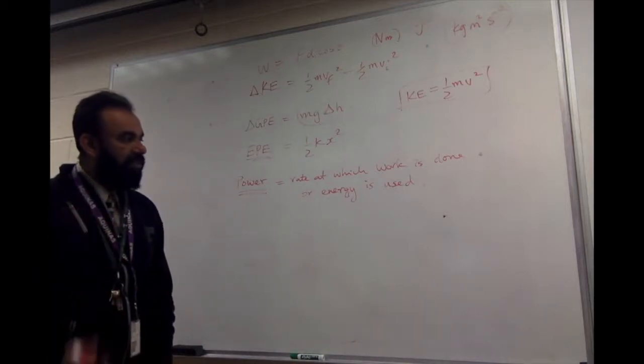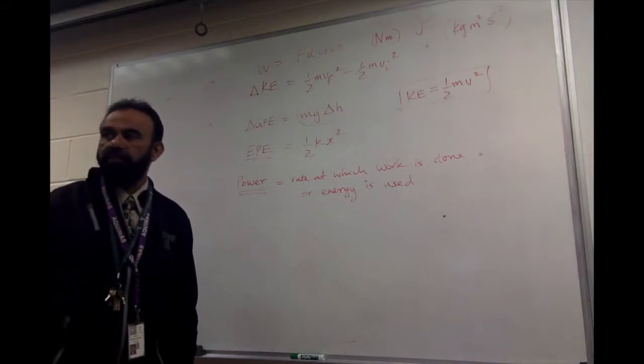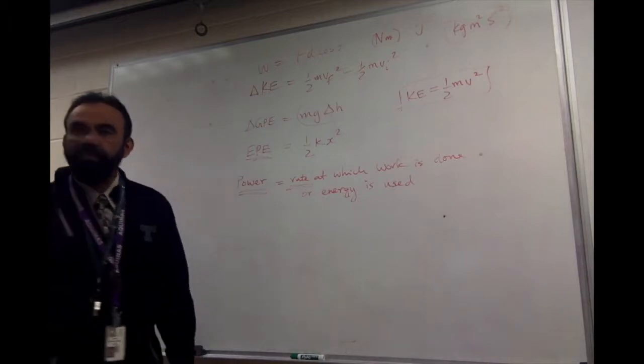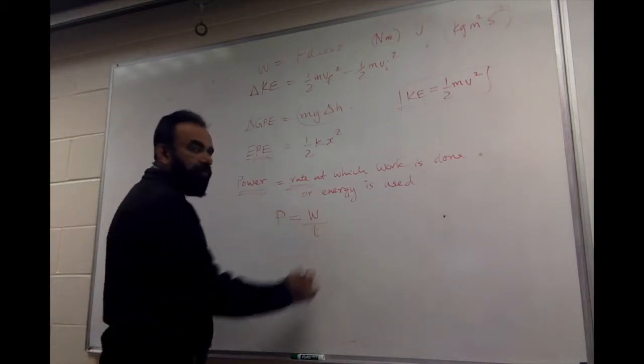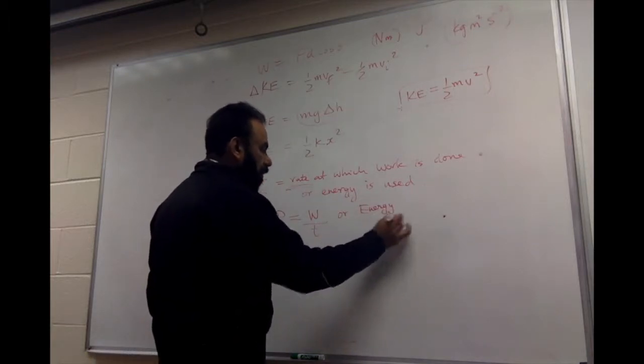The rate at which work is done or the rate at which energy is produced or used, in any manner you can take it. It is a rate, which means divided by time. So power is work over time, or energy over time.